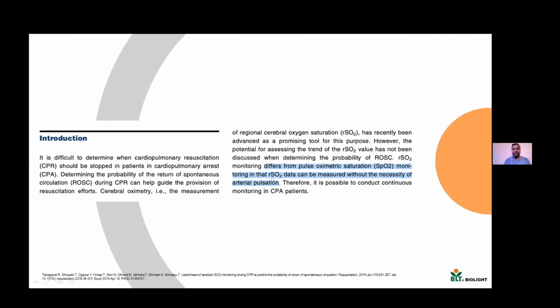Regional oxygen saturation data can be measured without the necessity of arterial pulsation. We don't need to wait for arterial pulsation, whereas pulse oximetry cannot monitor unless there is arterial pulsation. So this gives us a better measure of the oxygen present in our vital organs.